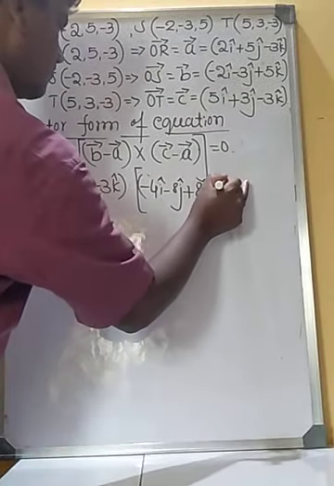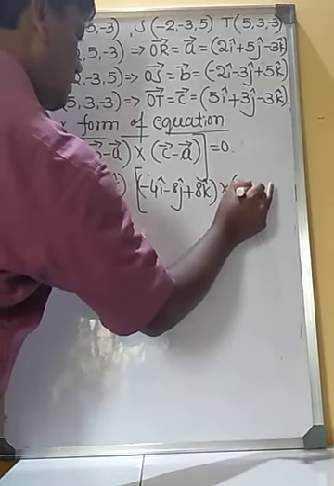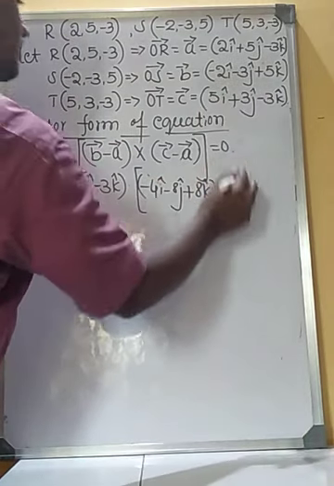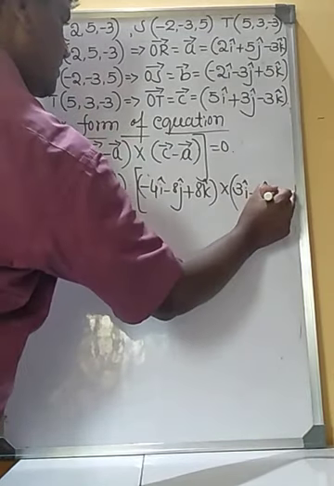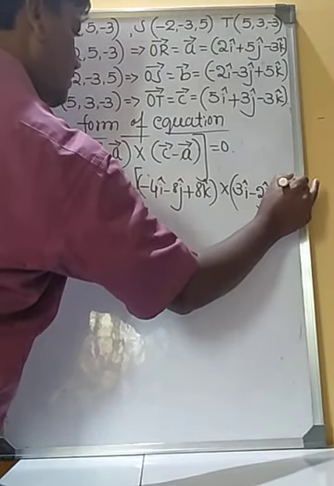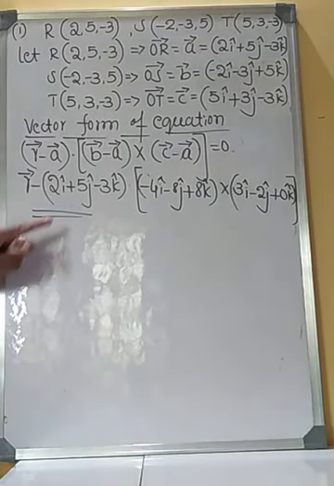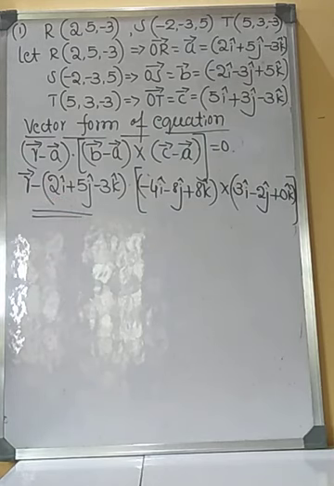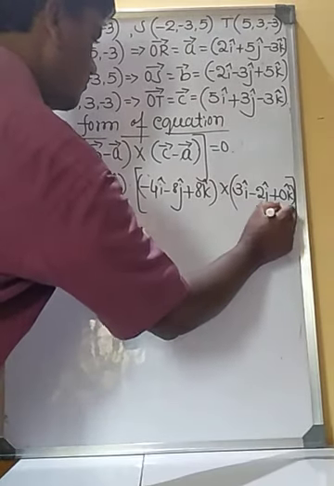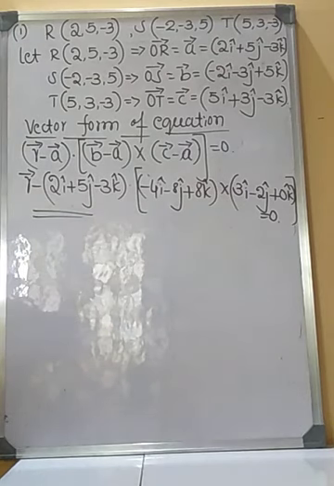So vector B minus A cross C minus A: 5 minus 2 is 3i, 3 minus 5 is -2j, -3 plus 3 cancels, 0k. So this is the vector form of the equation of a plane, equal to 0. Then one more example.